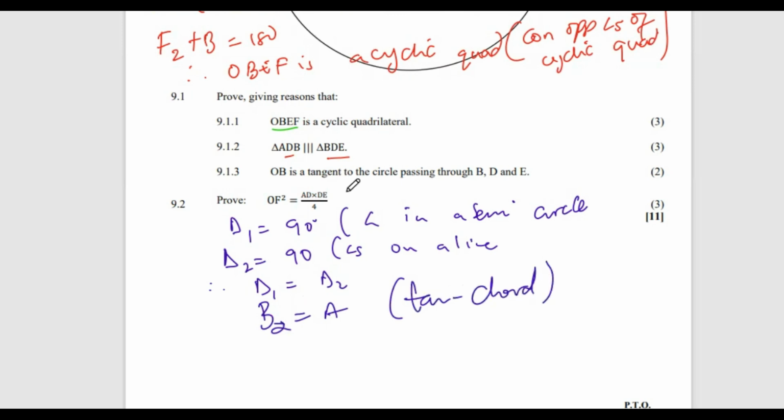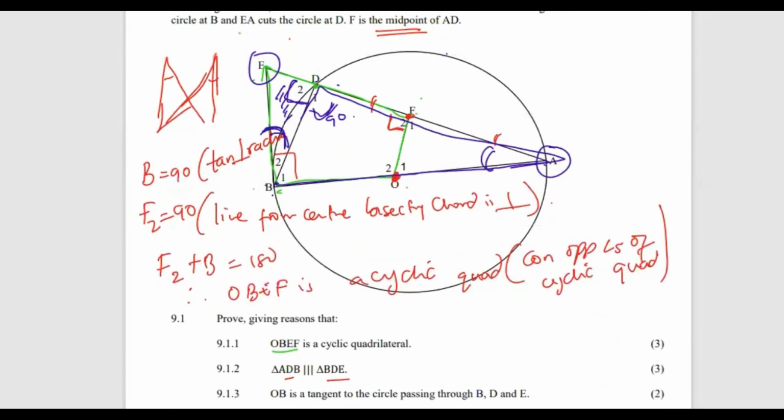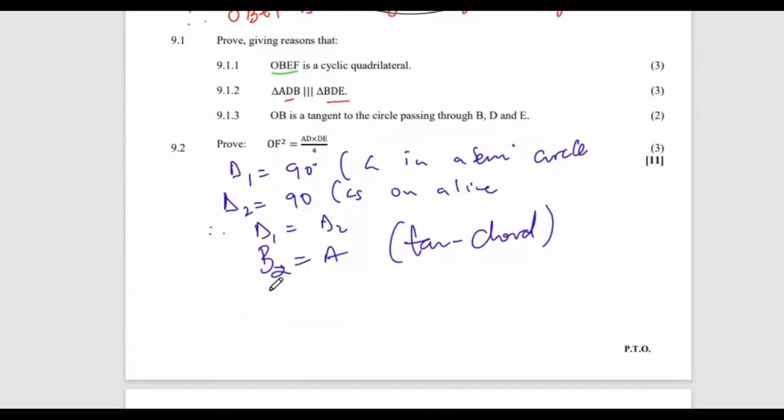And then, which means this angle E must be the same as B1. The reason is going to be the remaining angle of the triangle.